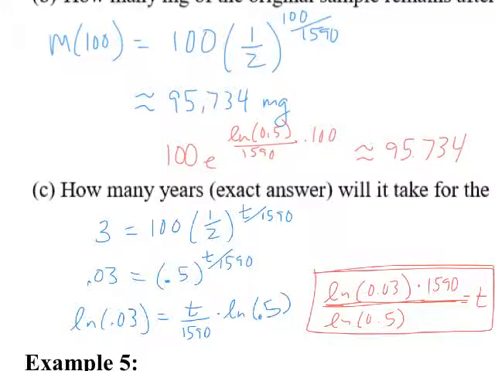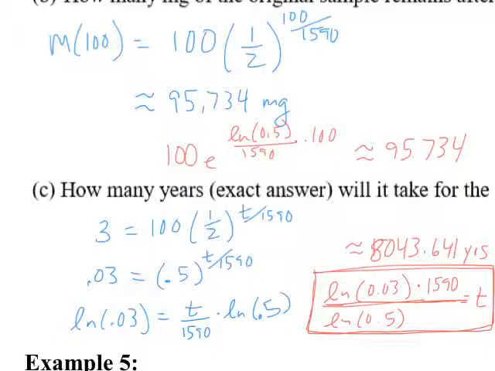I think it's useful to also find the approximate answer, and if we did that, it winds up being roughly, let's see, 8,043.641 years. A very long time indeed, but it kind of makes sense. 8,000 years, that's about 1, 2, 3, 4, 5, about 6 cycles of half-life, maybe a little bit more.